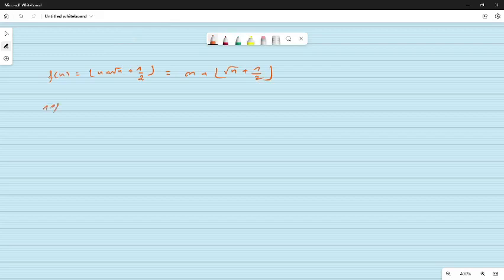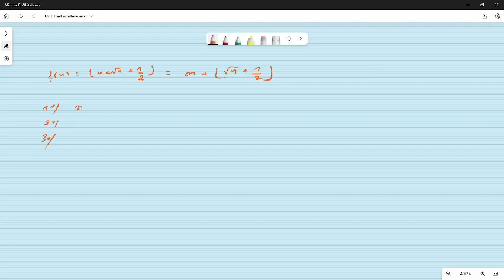Every integer can be written in one of the three following forms, or I have three cases.